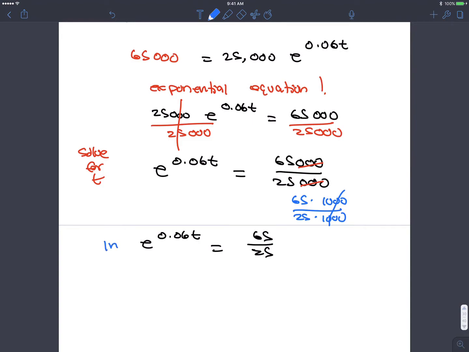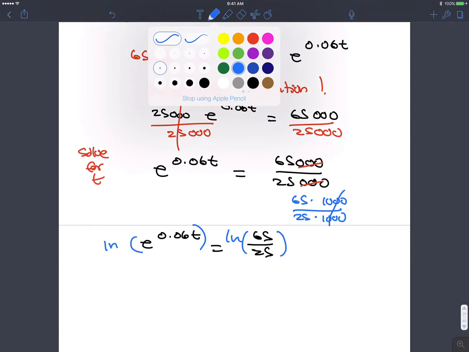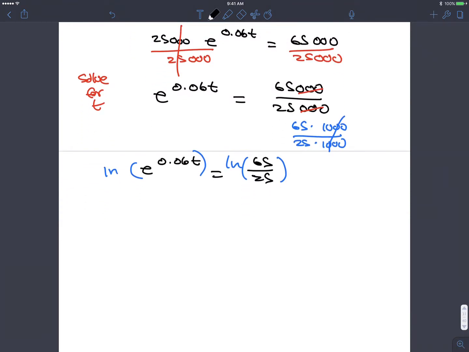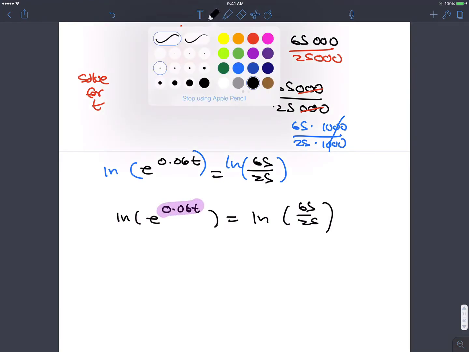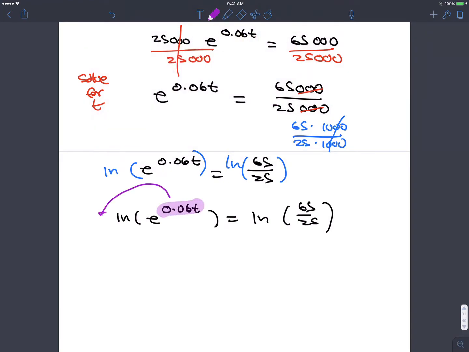We're now going to take the natural log of both sides. And our equation becomes the following. We get the natural log e to the 0.06 t is the natural log of 65 over 25. This value here, 0.06 t, gets removed by the power rule.